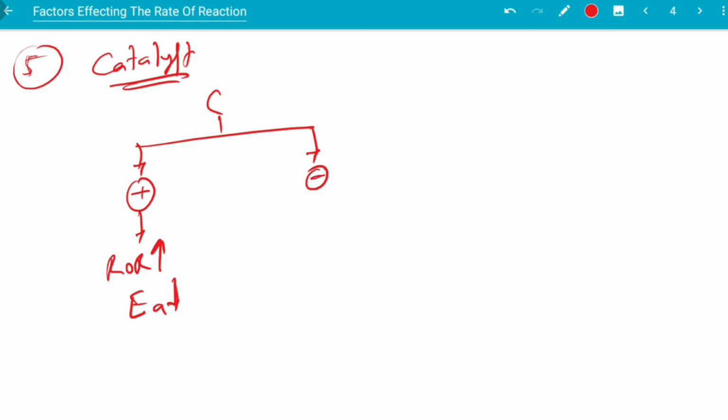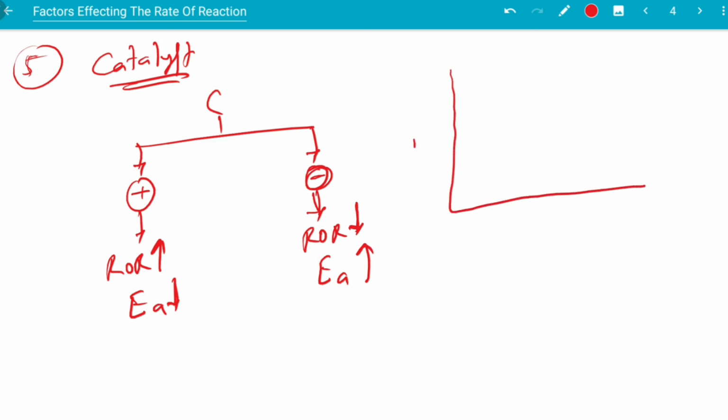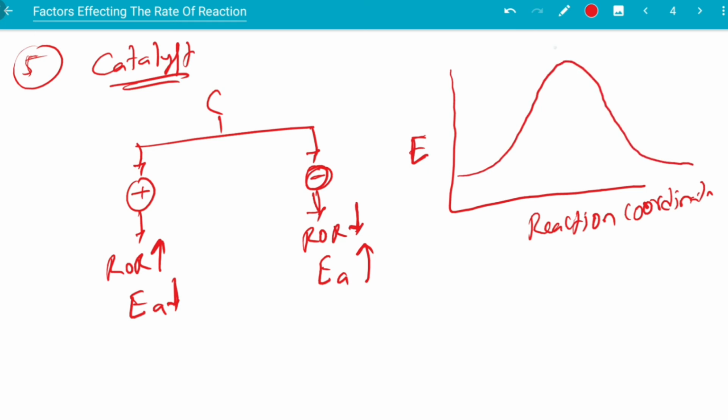If you use a negative catalyst, the rate of reaction decreases and the activation energy increases. Here we observe one graph, with energy here and reaction coordinate here. We can clearly observe the activation energy of the reaction.